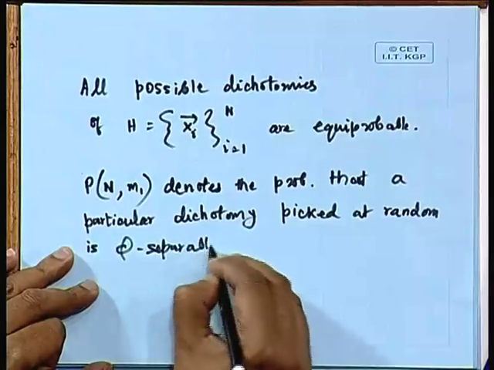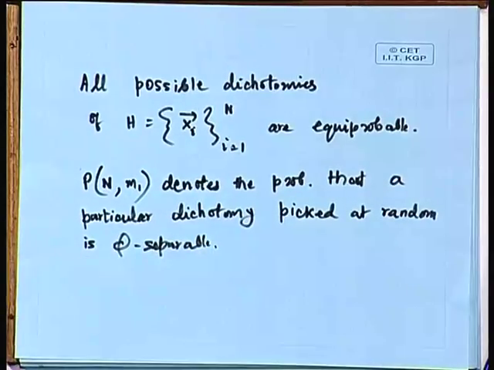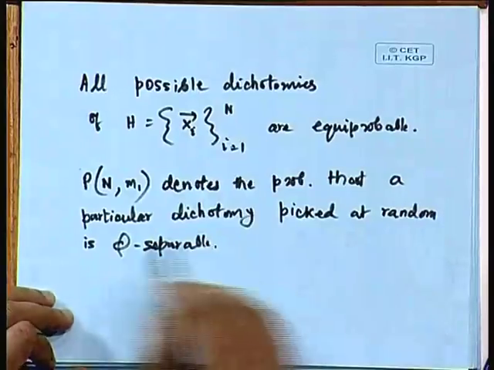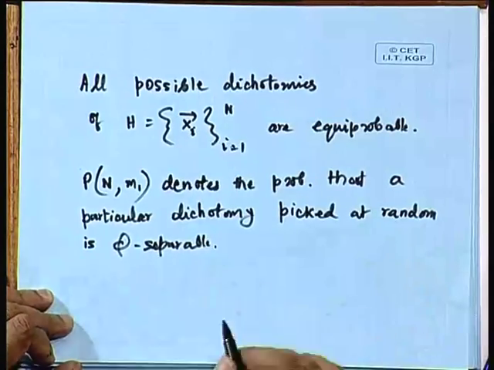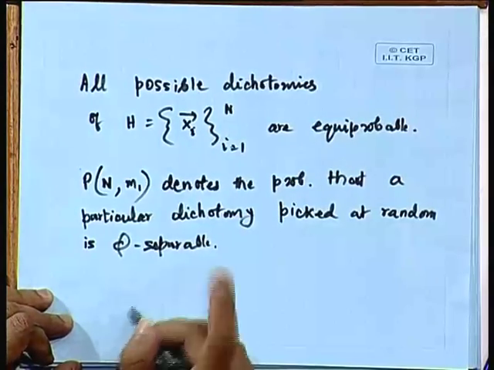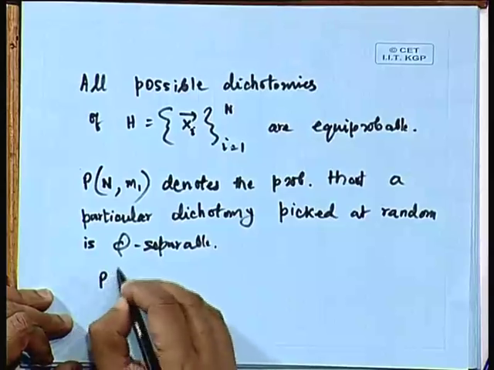Phi separable means that when we map into the phi space, then it gets separable. So, the probability that a particular dichotomy picked at random will become phi separable is given by Cover's theorem.